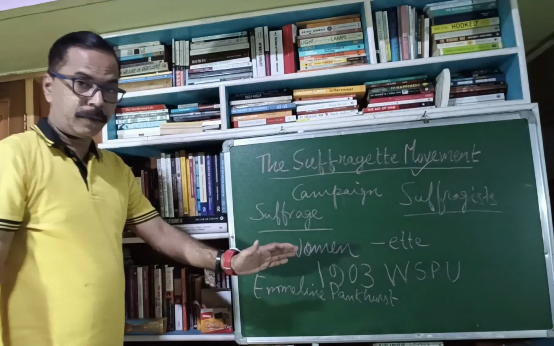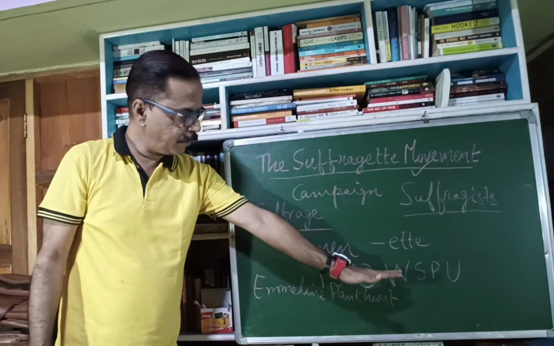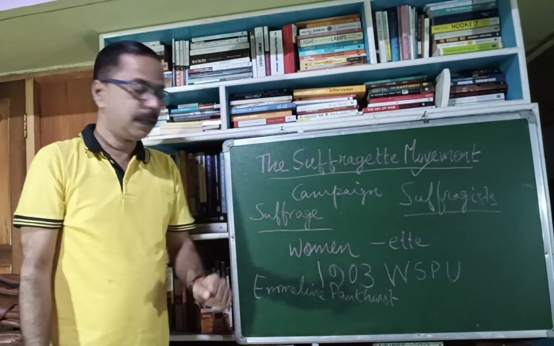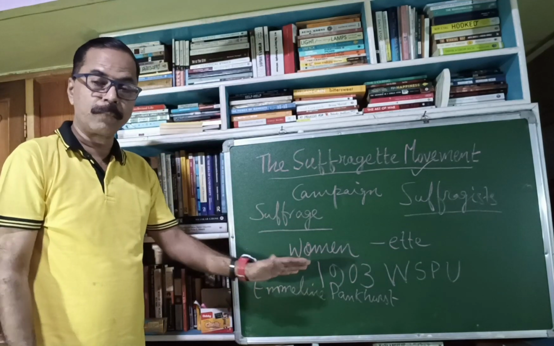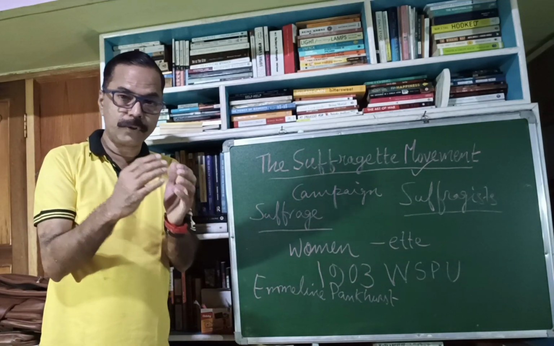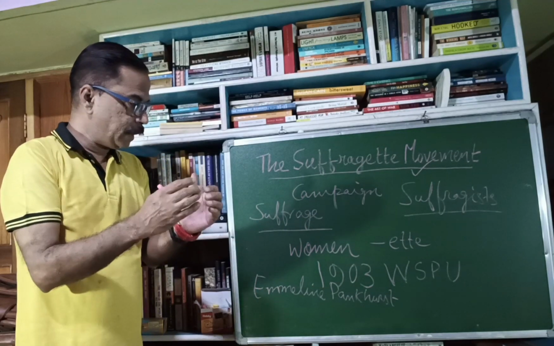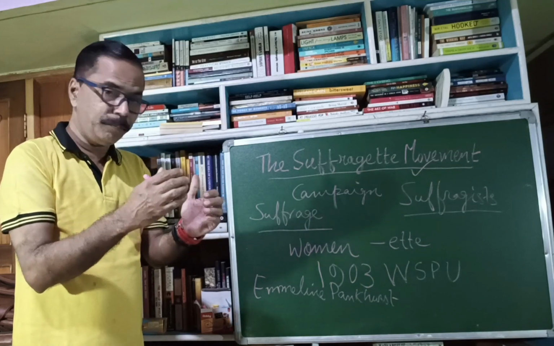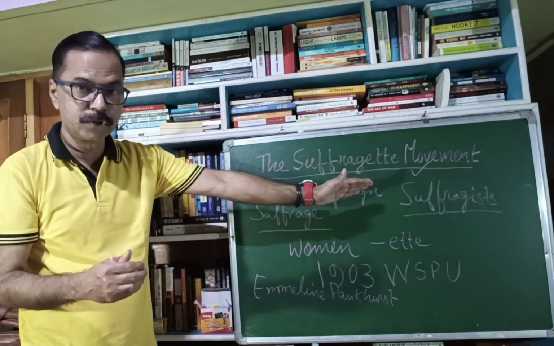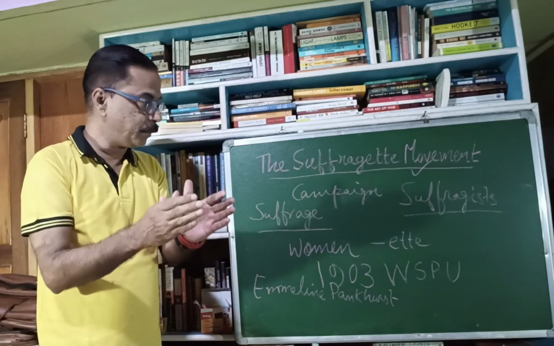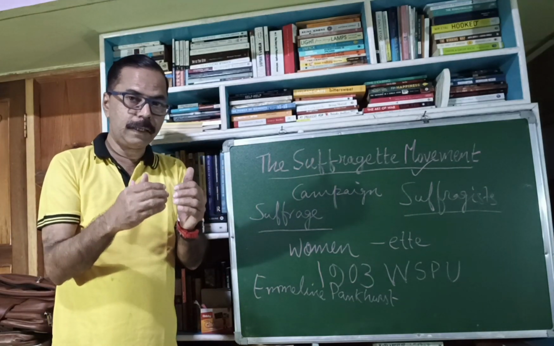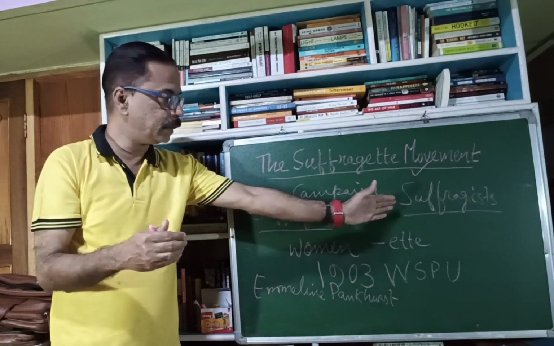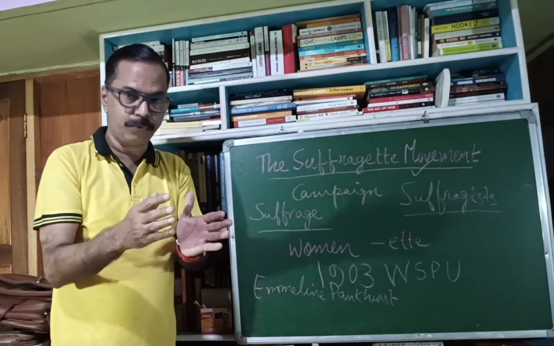This was an organization of women advocating women's voting rights, and they were militant, unlike the suffragists of earlier, who were both male and female, and who supported only peaceful means. Their demands were peaceful, non-violent.